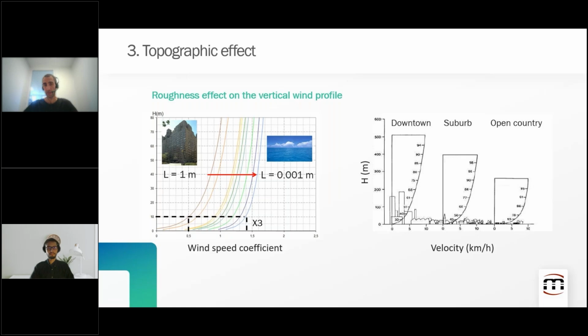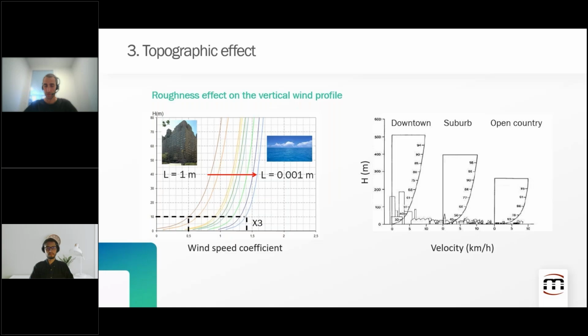What you can see is that the increase is not as fast for each land occupation. For open country with smaller roughness length, it will increase faster than downtown. Makes sense? We already explained that on the left chart. Okay, so let's move to the next slide.